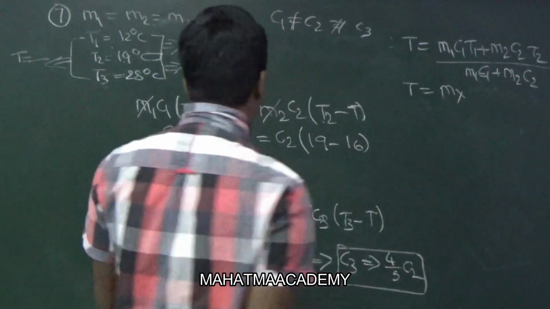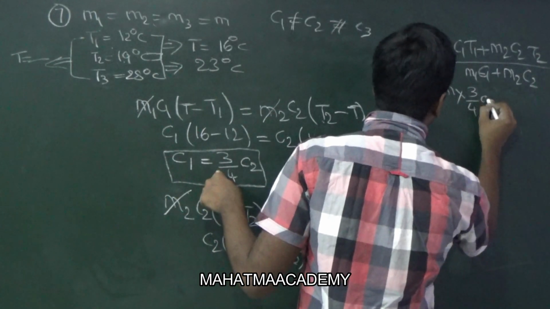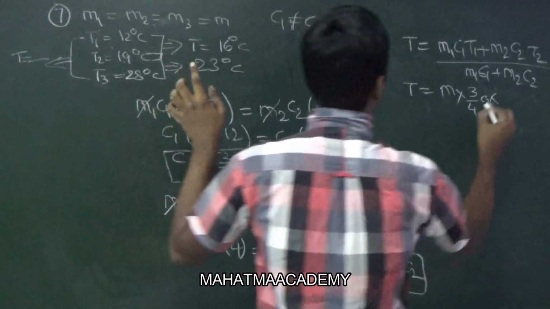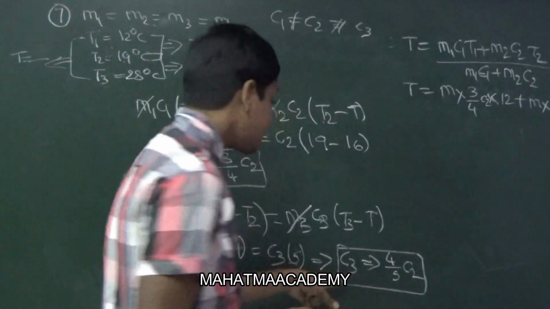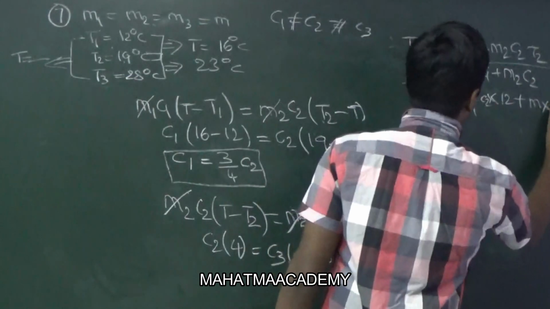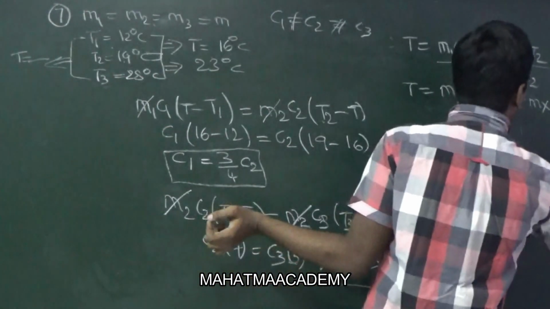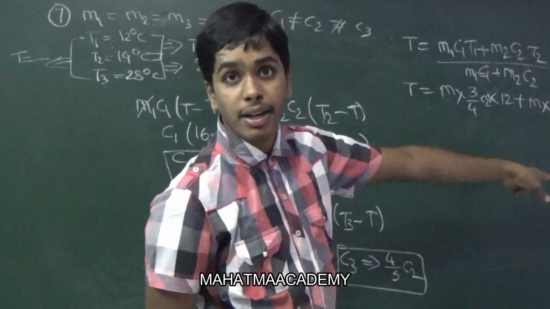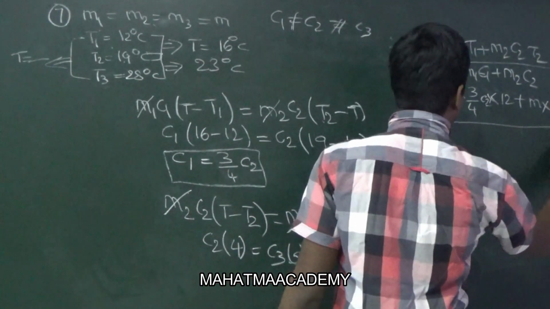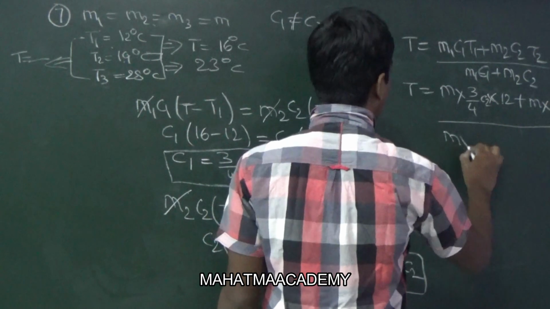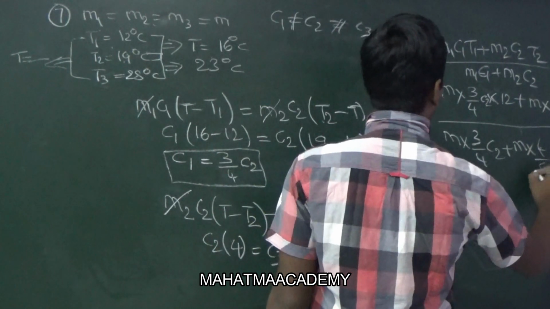Into C1 is 3 by 4 of C2, so 3 by 4 C2 into temperature 12, plus M into C3, which is 4 by 5 C2, into T3 means 28, upon M into 3 by 4 C2 plus M into 4 by 5 C2.